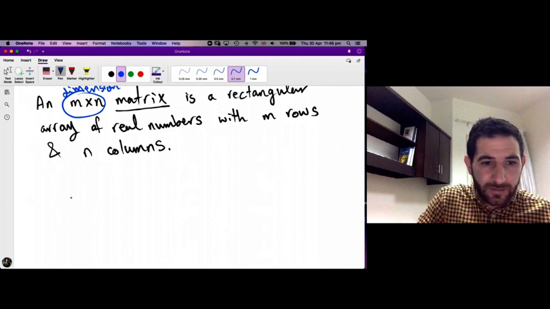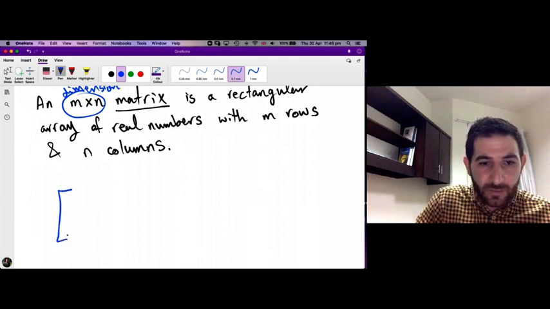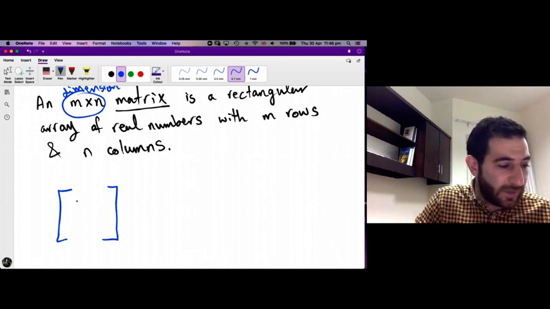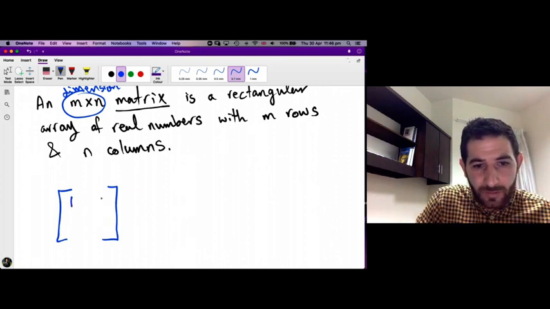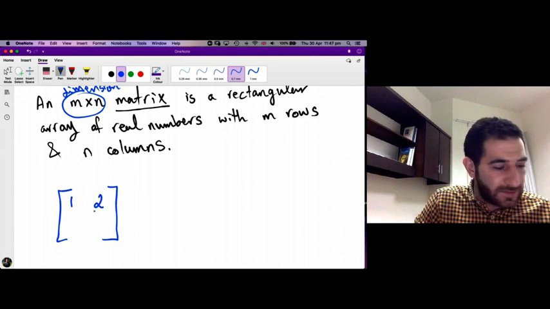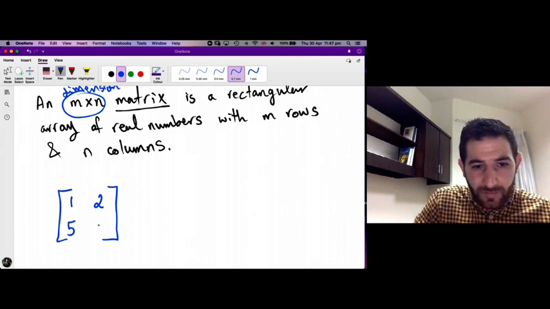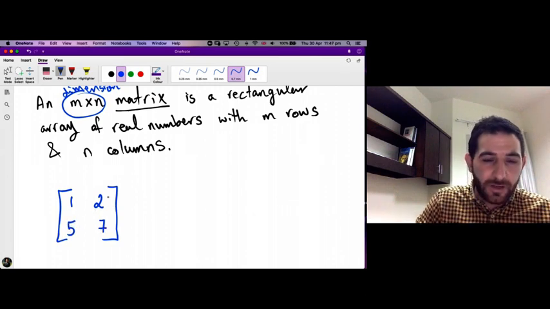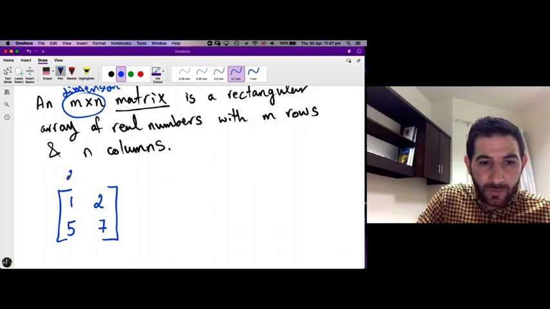For example, look at this matrix. We use these square big brackets to denote matrices, and here we have, in the first row, the number 1 and the number 2, and in the second row we have the number 5 and the number 7. So this is called a 2 by 2 matrix.